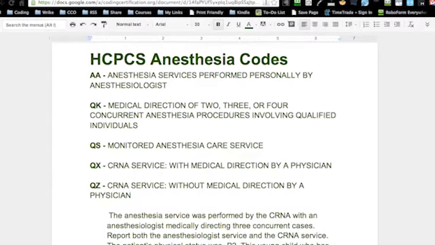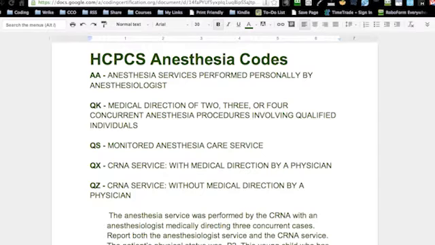CRNAs are doing them, but he's there directing, making sure everything's going smoothly. Now, then you have a QX. That's for a CRNA service with medical direction by a physician.